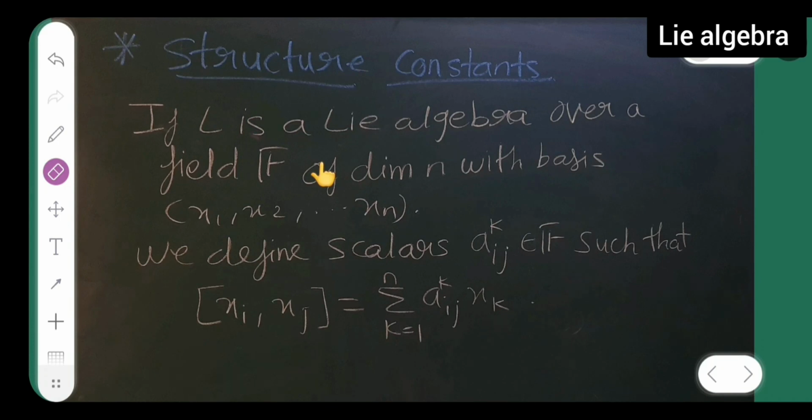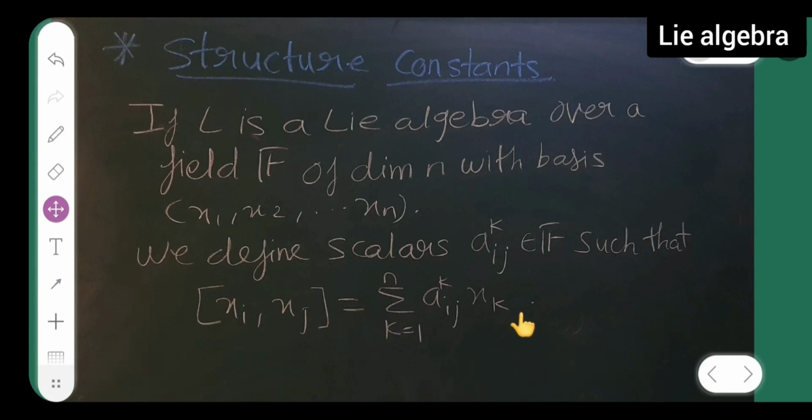Let L be a Lie algebra over a field F of dimension n with basis x1, x2 up to xn, and we define scalars aij of k belonging to the field F such that the Lie bracket of xi comma xj is equal to the summation of k equal to 1 to n of aij of k times xk. You all have to know this. I'm just reading. Is it clear to you all?